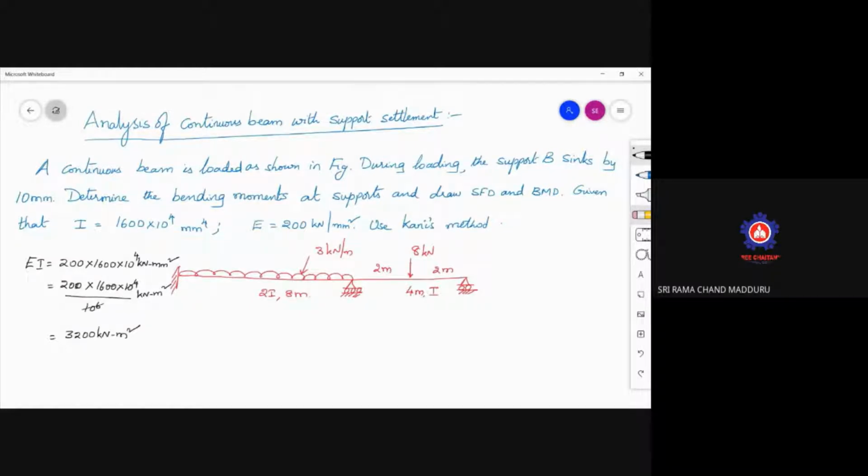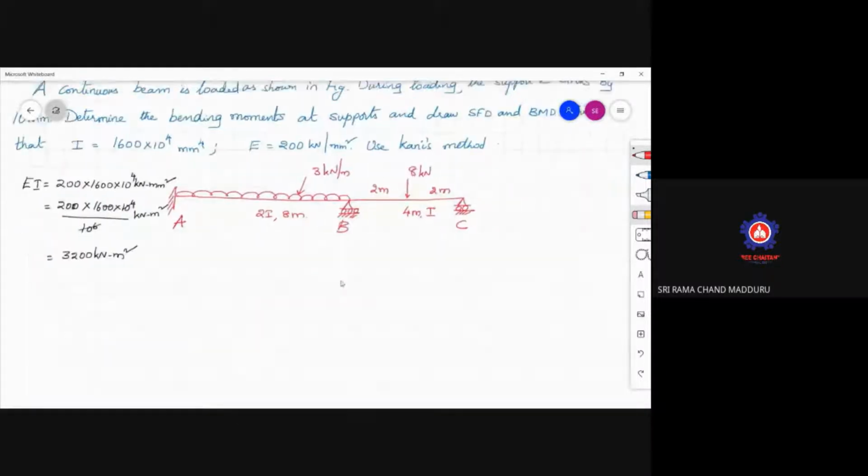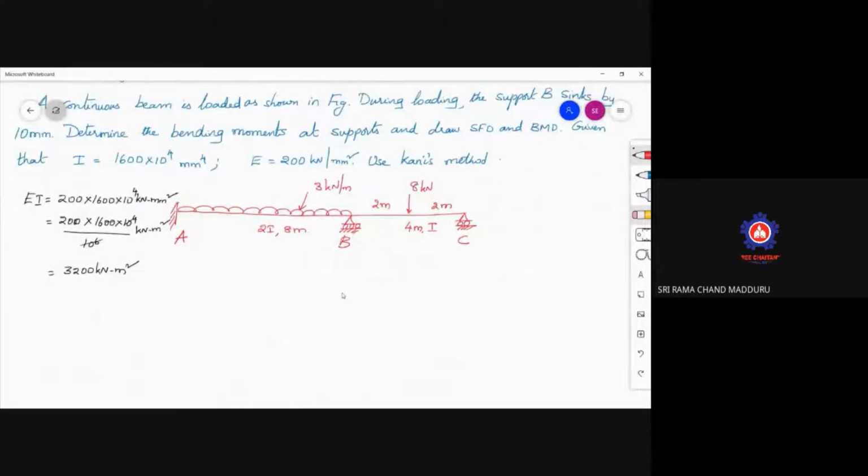Now we will first of all calculate the rotation factors. Here this is A, B, C. Now write down rotation factors.